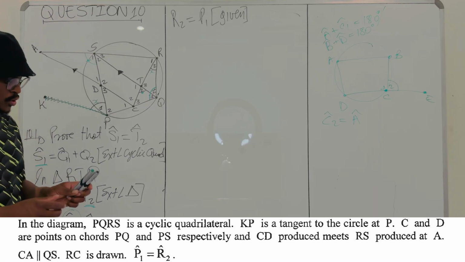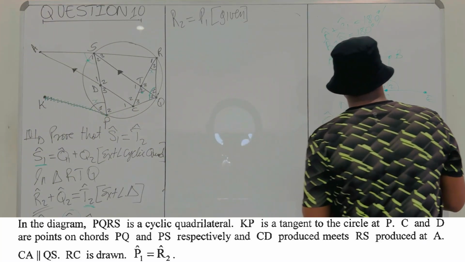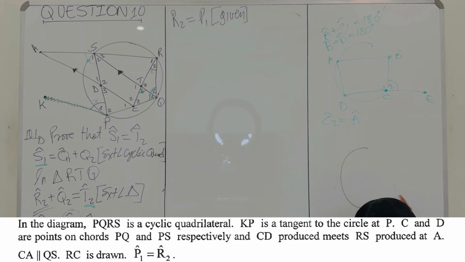Just to remind you, it says that if you have a circle like this and a chord somewhere, and a tangent at the point of contact where the end point of your chord meets the tangent, then the angle between the tangent and the chord will be equal to the angle that this chord subtends on the other side.